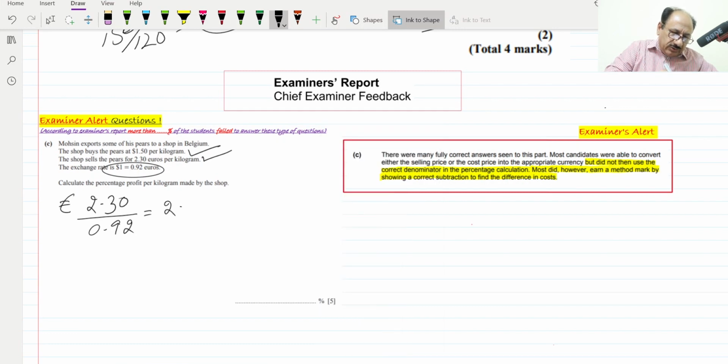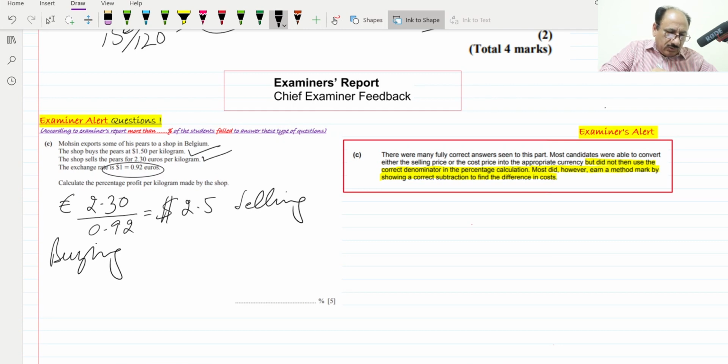So this will be 2.5 US dollars. This is selling price, and buying price is basically $1.50.